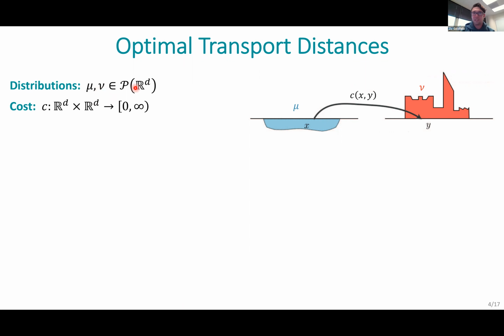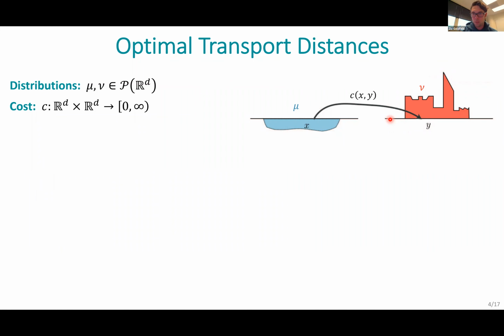Mass is normalized to 1, which doesn't really matter, of course. And we are given this cost function C that represents perhaps the price or the effort in transporting a unit of mass from a point X in the support of mu to a point Y in the support of nu. Perhaps the first natural way to go about this reshaping is to look for a deterministic transformation, a function.